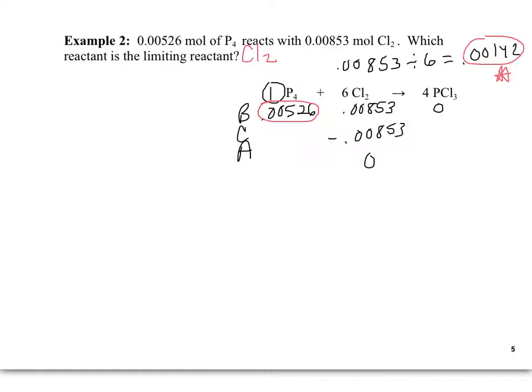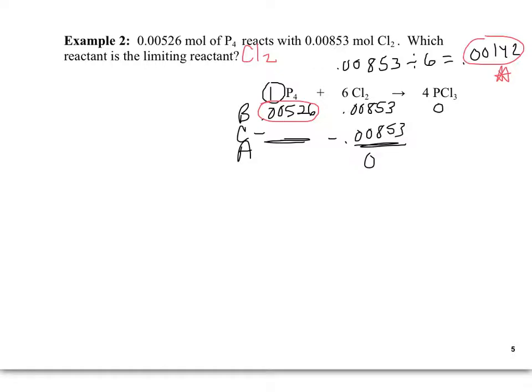And then just to prove that that's the limiting reactant, let's figure out for the excess reactant here what the numbers would be. It's not going to be the same number for the chlorine and for the phosphorus for the change. So this number right here is not going to be the same as this number right here because the coefficients are different. So we still want to do our stoichiometry.